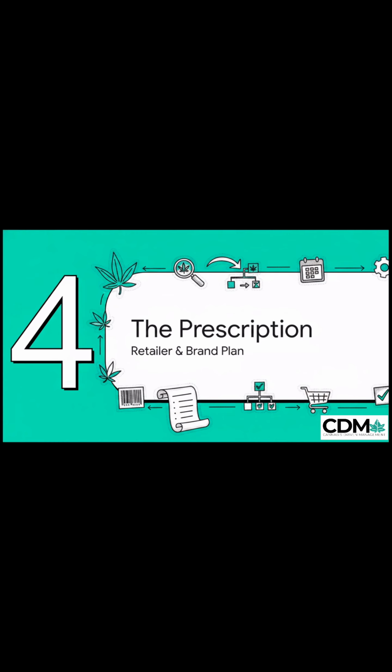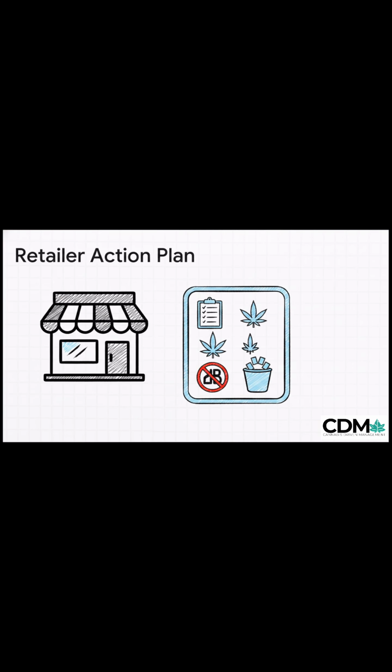Okay, so this all makes sense in theory, right? But how do you actually put it into practice? Let's get into the prescription, a real actionable plan for both retailers and brands. All right, for you retailers, it all starts with creating and then actually enforcing those templates. Use clear, simple abbreviations for phenotypes, like I for indica, S for sativa. And please, stop shortening brand names.